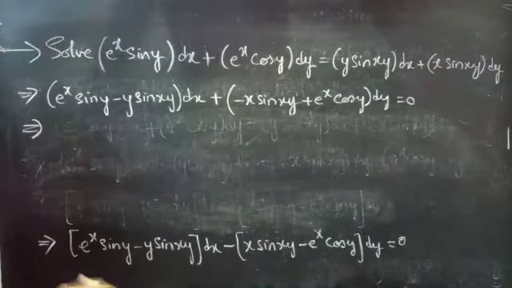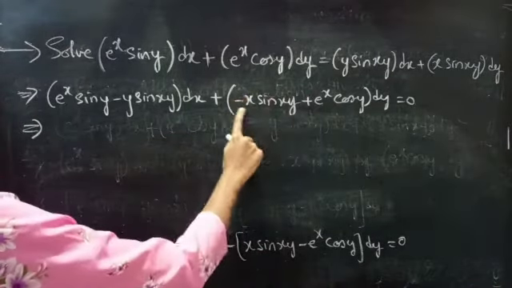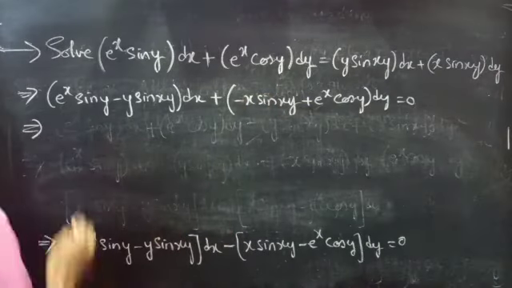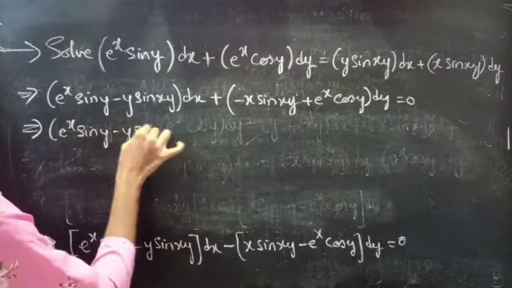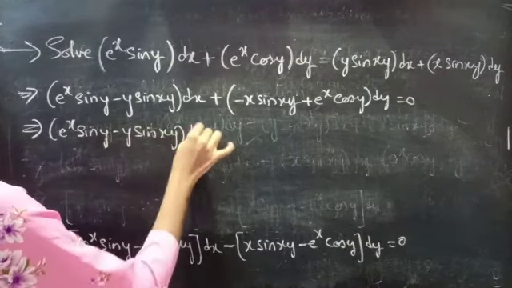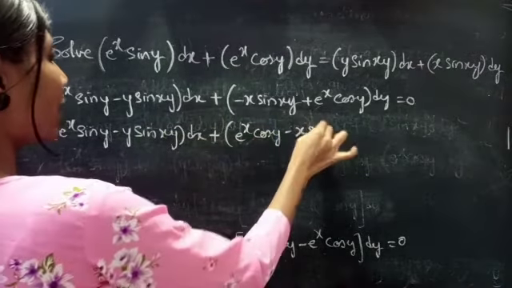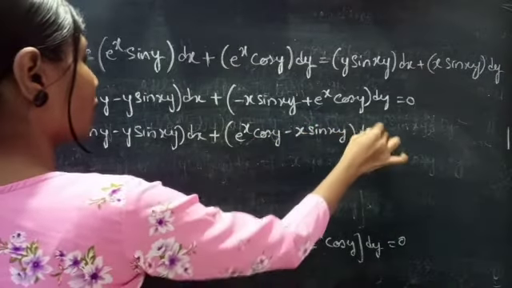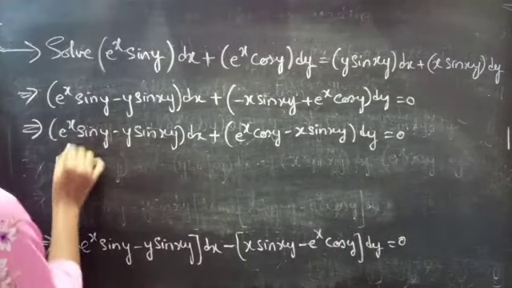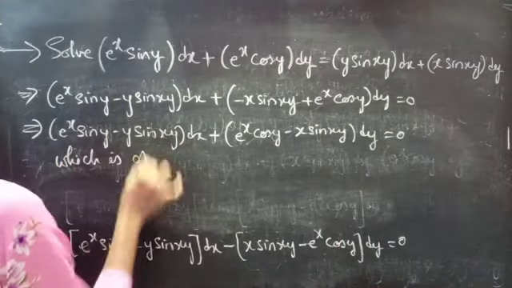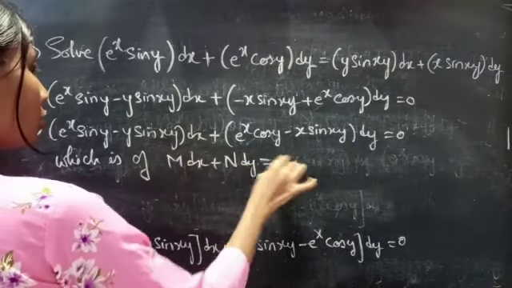Then firstly we will write the term containing positive sign and next the term containing negative sign. (e^x sin y − y sin(xy)) dx + (e^x cos y − x sin(xy)) dy = 0, which is of M dx + N dy = 0 form.